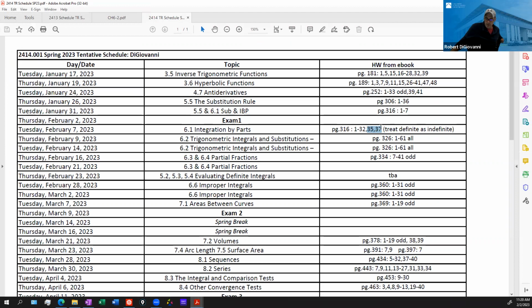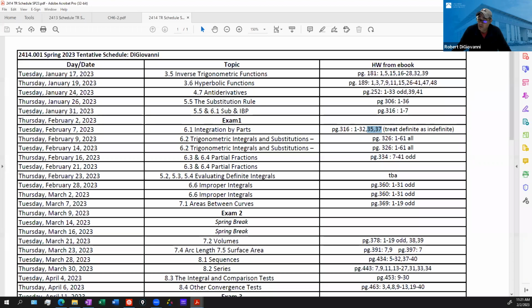Those two problems right there, 35 and 37, are to try and come up with the reduction formulas, where they give you the formula, just like I gave you this formula. They say, hey, see if you can come up with that formula yourself. So those are like challenge problems. See how you do with them. I will not test you on that, but it could appear as a bonus on a test. Something like verify this reduction formula, show it's true.